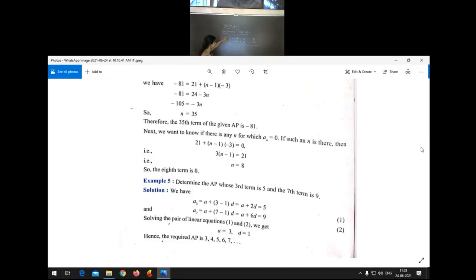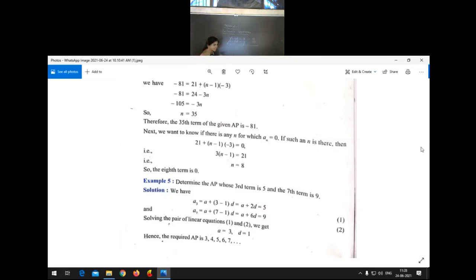Now you just observe plus a minus a is 0, no? Plus a and minus a get cancelled. 2d minus 6d. Now you have to take with the new sign. Plus 2d minus 6d. What is your answer? Minus 4d.